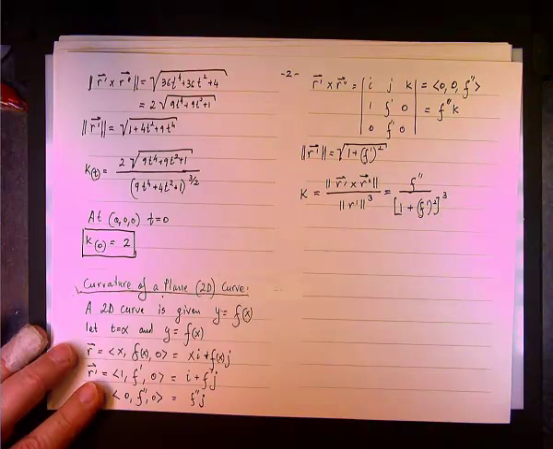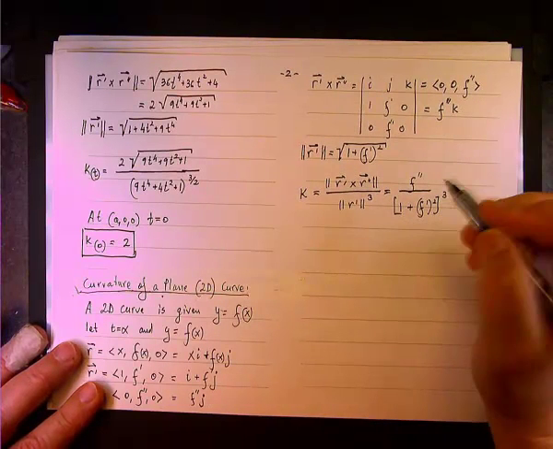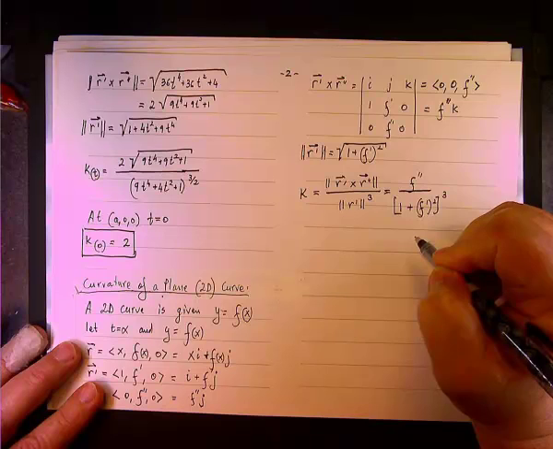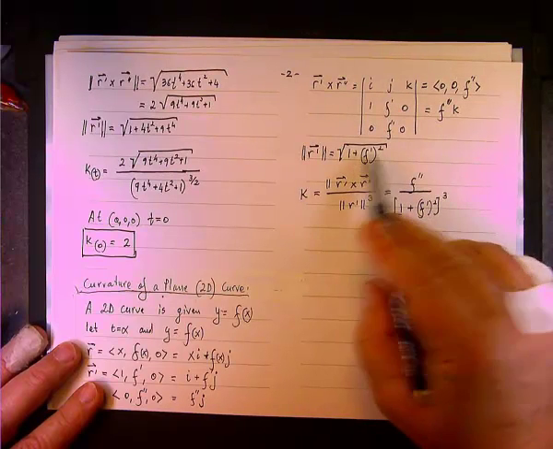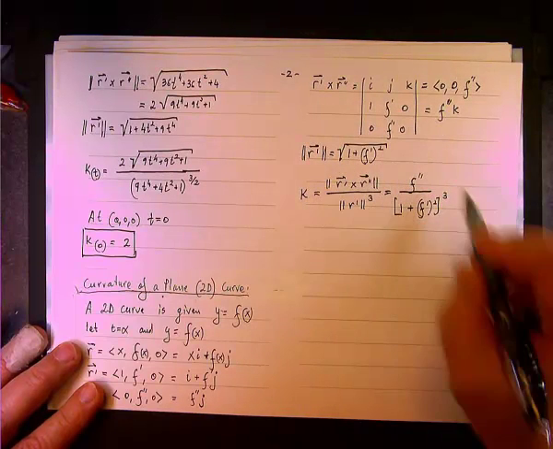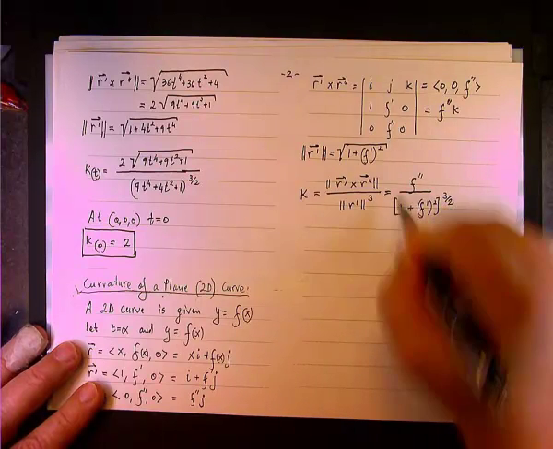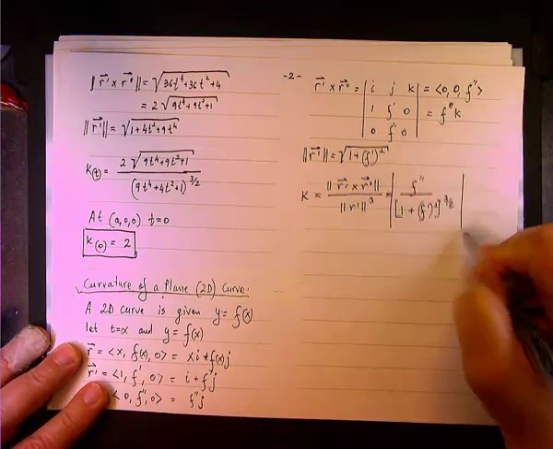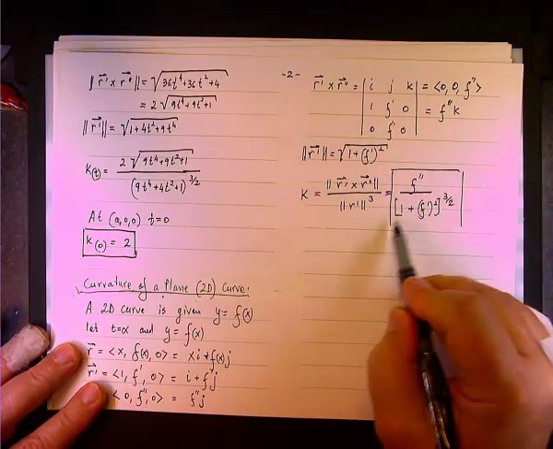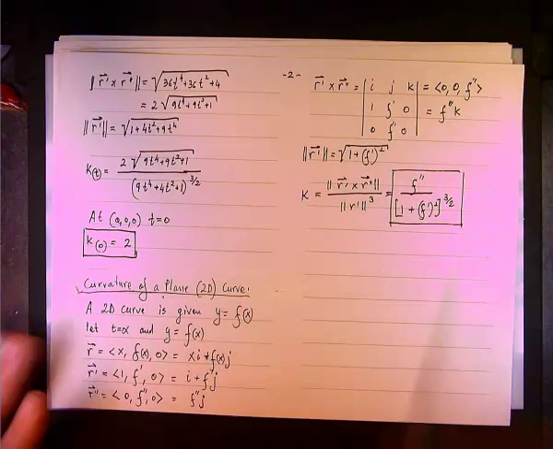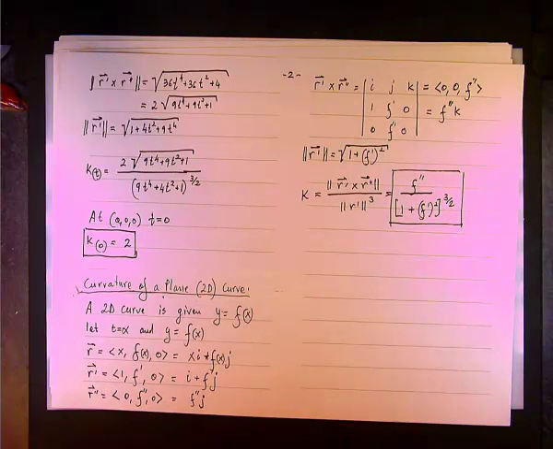And here you have 1 plus f prime squared, cubed, like so. Now this is the square root, so to the 3/2, like so.